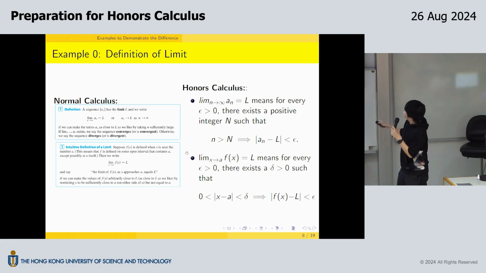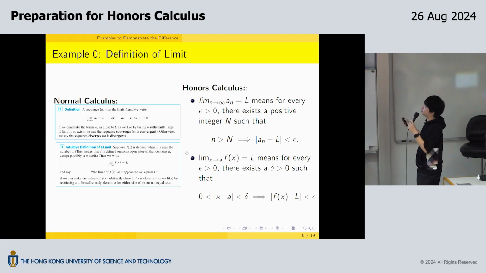Okay, and on the other hand, for the same definition taught in the honor calculus course, you will be given a precise definition for the limit of a sequence in terms of the epsilon delta language. The sequence a_n has a limit L means that for every epsilon there exists a positive integer N such that whenever n is greater than N, the difference between a_n and L is less than epsilon, right?